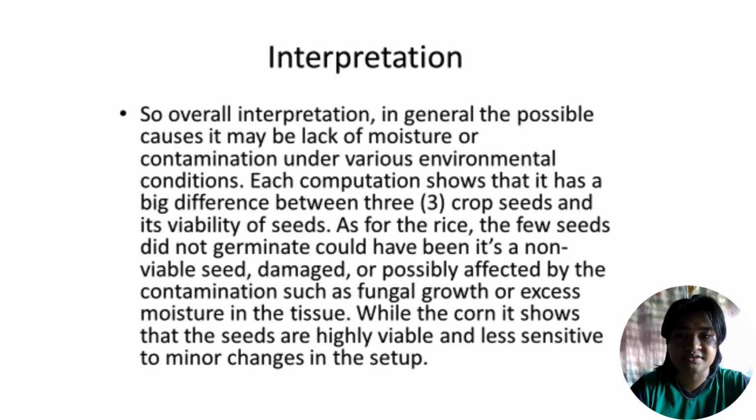The cowpea seeds did not germinate, which may indicate that the seeds were damaged, non-viable, or exposed to unfavorable conditions. Meanwhile, the corn seeds showed a high germination rate.